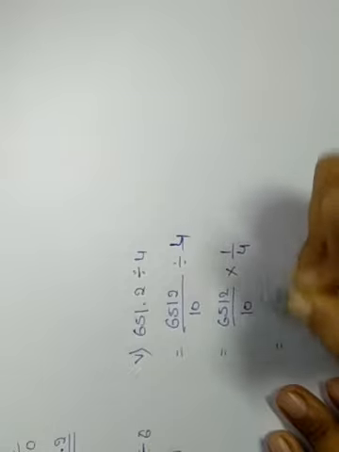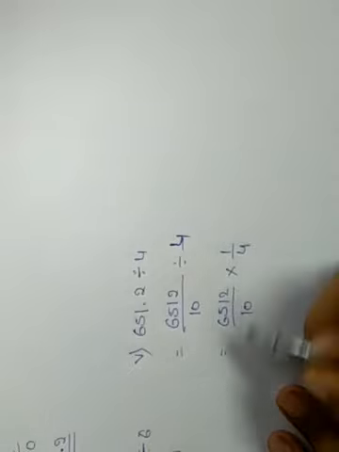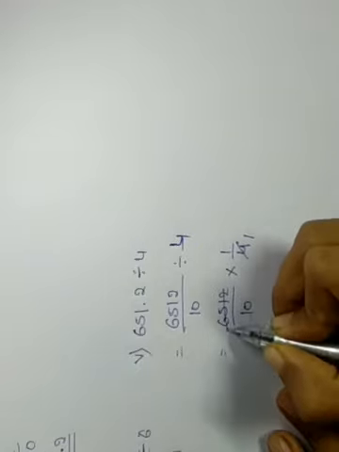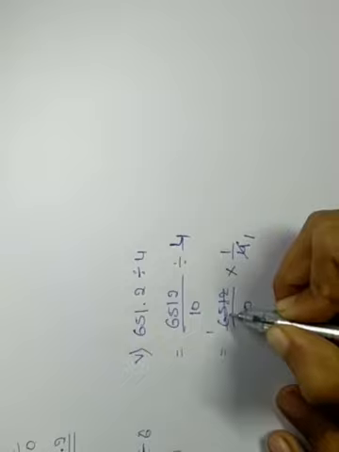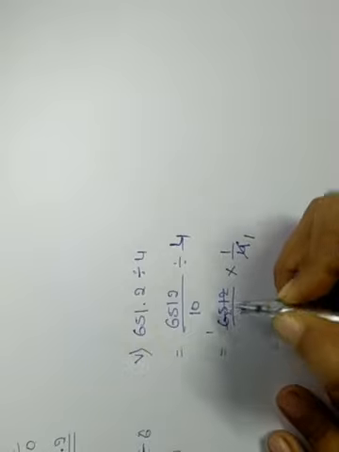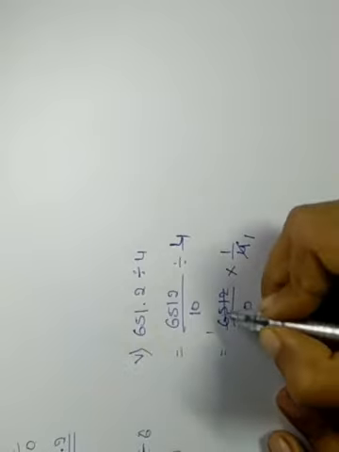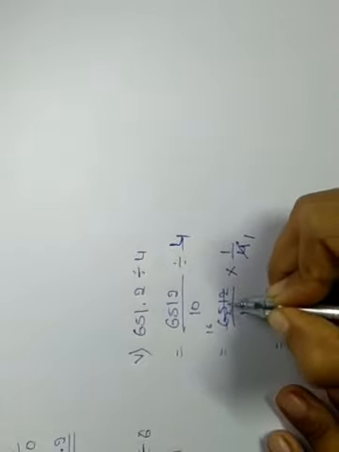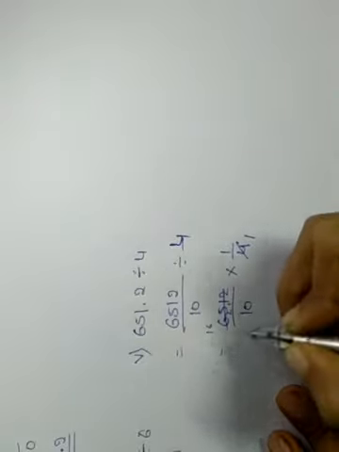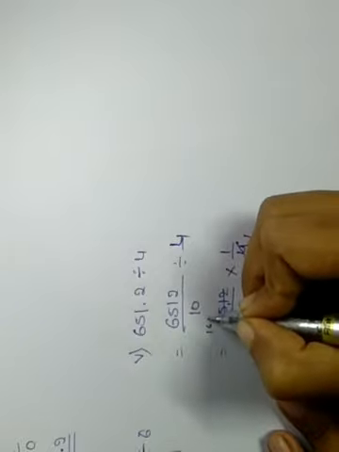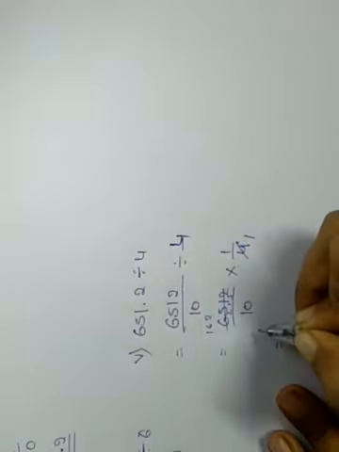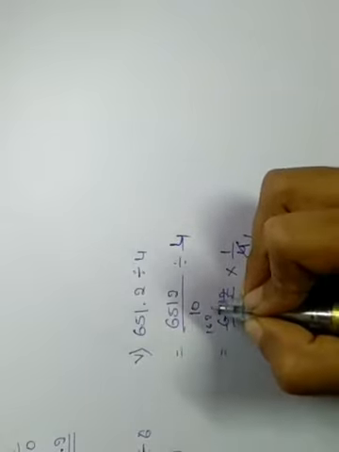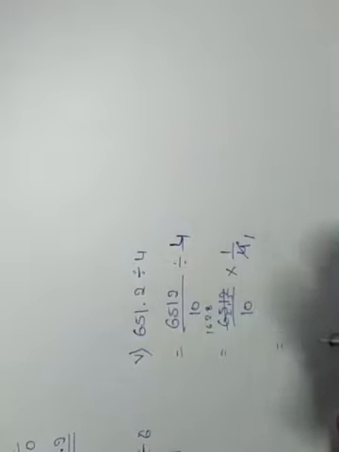Instead of multiplying the denominator, directly I will simplify it. 4 ones are 4, here also 4 ones are 4, remainder is 2. Here we got 25, then 4 how much are 25? 4 sixes are 24 we got. Again 1 is remaining, it became now 11. 4 twos are 8 and remaining is 3. 4 how much are 32? 4 eights are 32, right?